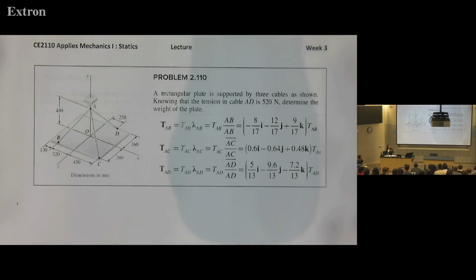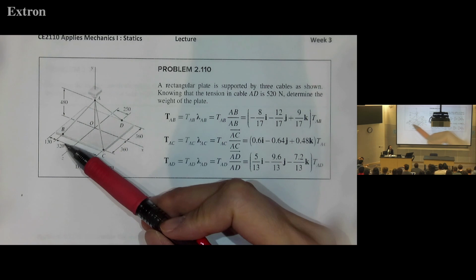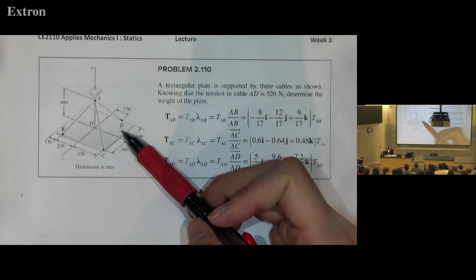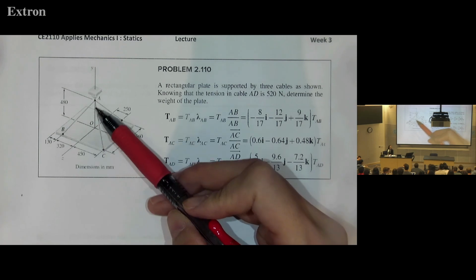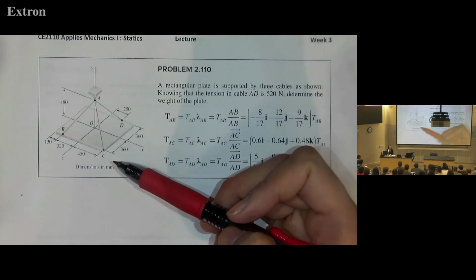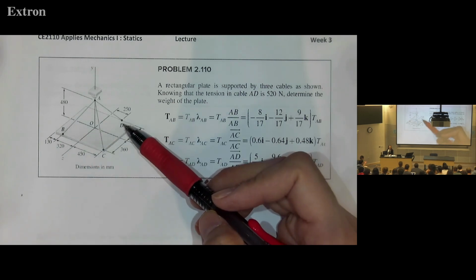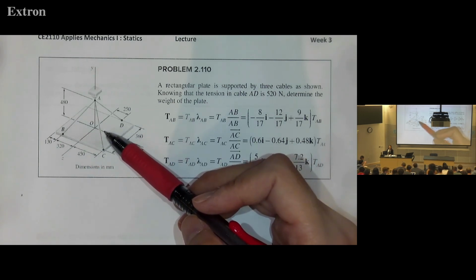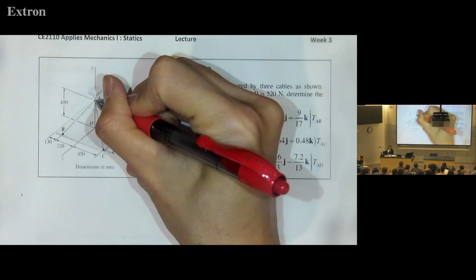Any other opinion? O? Or BCD? No, not BCD, okay. Then O or A? A. O is a good point, but the cables are not connected at O, so we cannot tackle the cables. That's why A is a good point, okay?